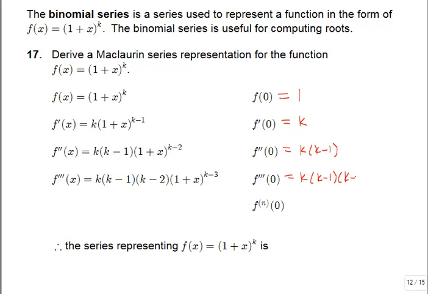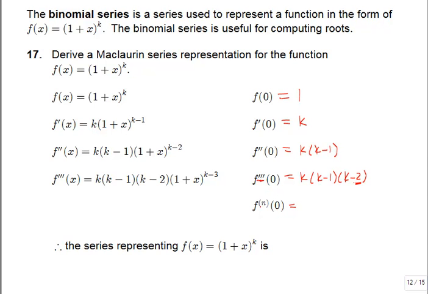Now notice that if we went all the way to the nth derivative, for the third derivative we used k minus 1 and k minus 2. So this number right here is 1 less than the derivative that we were looking for.